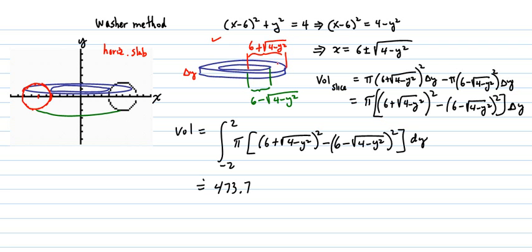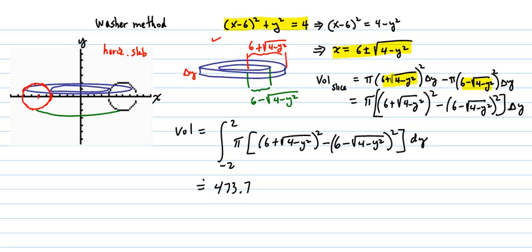The outer radius, you take your circle equation and solve it for x to know how far you're out with your radius. And so it's 6 plus or minus square root of 4 minus y squared. So the outer radius is with a plus, and the inner radius is with a minus.